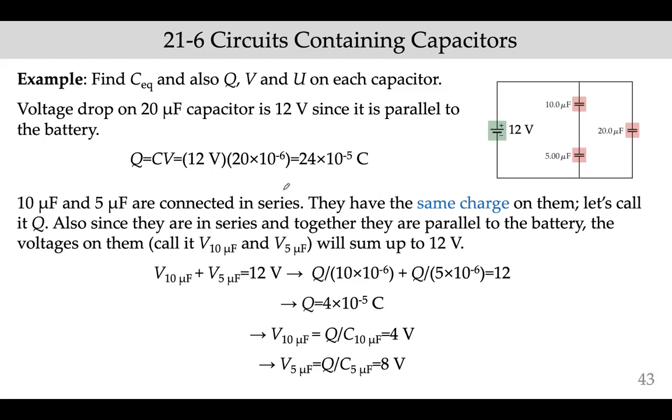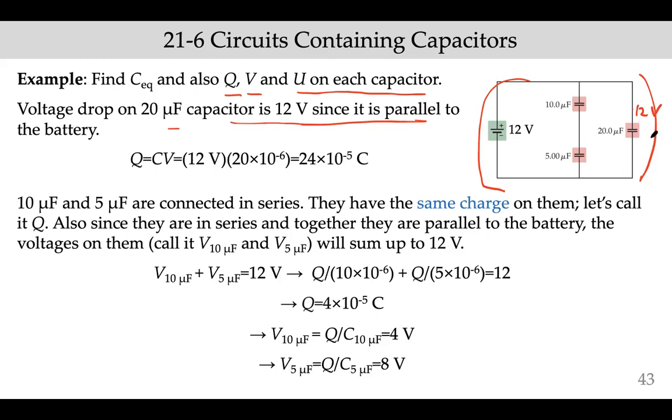Okay, let's take a look at this example. Find equivalent capacitance and also the charge, voltage, and energy on each capacitor. The voltage drop on the 20 microfarad capacitor is 12 volts since it's parallel to the battery. So this battery here, 12 volts, is parallel to this one. So here it should be 12 volts.